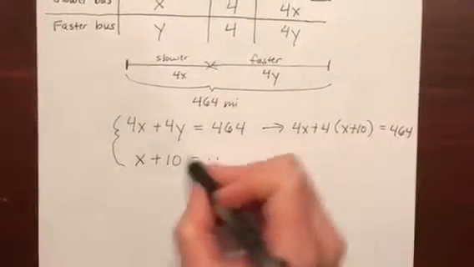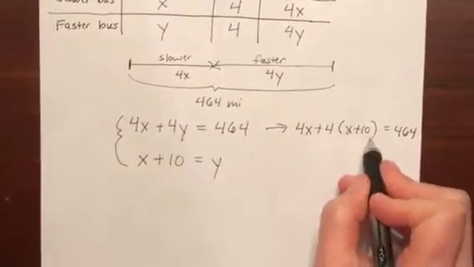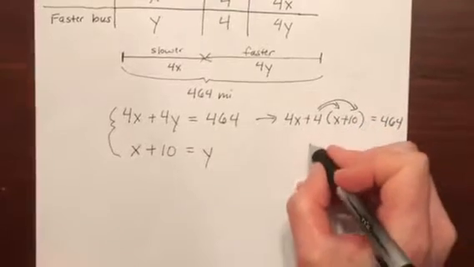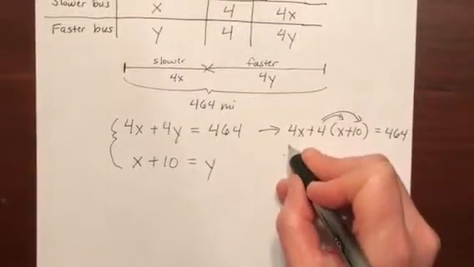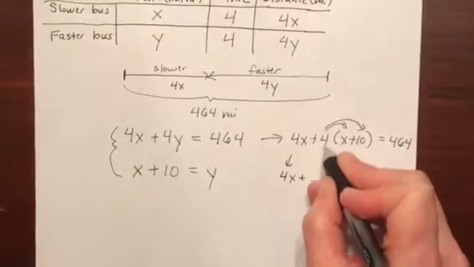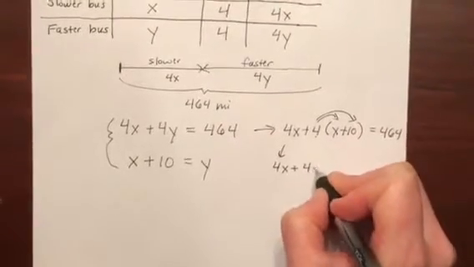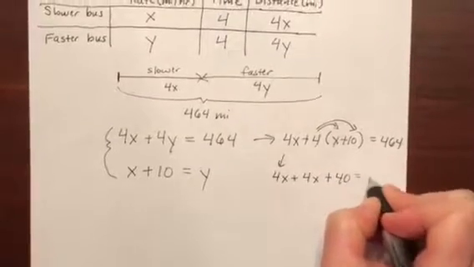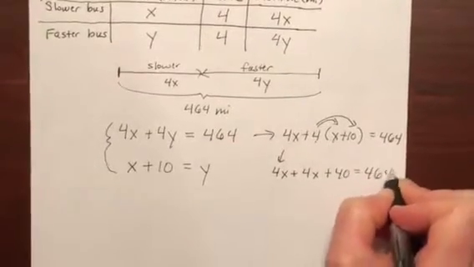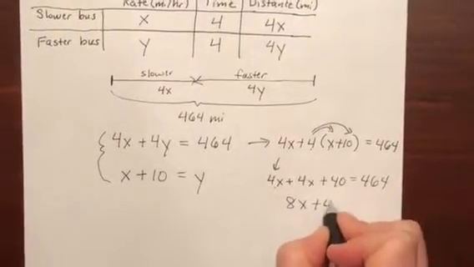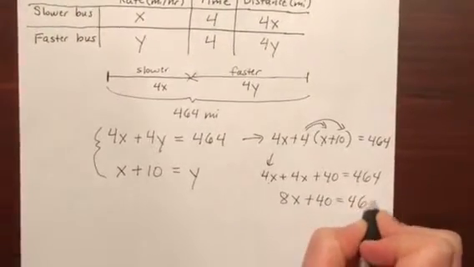I'm now going to distribute the 4 to both of these parts and bring down everything else. So 4x comes down, plus 4 times x would be 4x, and 4 times 10 would be 40, equals 464. 4x plus 4x is 8x, plus 40 equals 464.